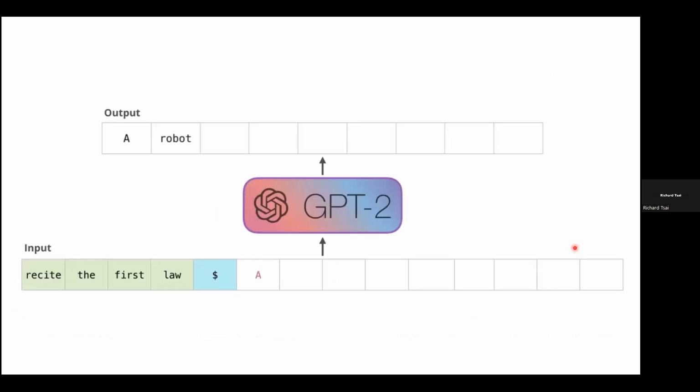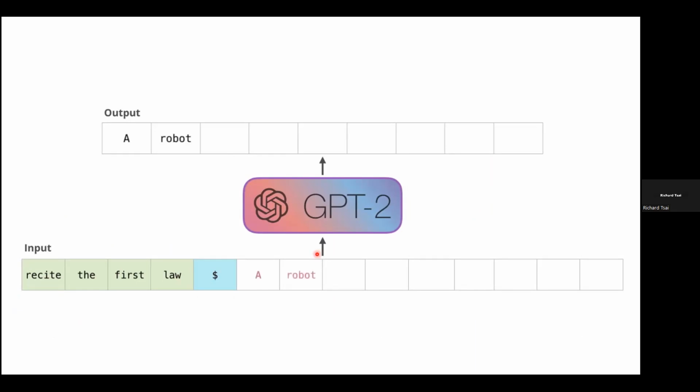Let's break down how GPT-2 works with an example. We begin by prompting the GPT-2 model with a list of tokens. In this case, "recite the first law." Then GPT-2 starts generating text in an auto-regressive manner.